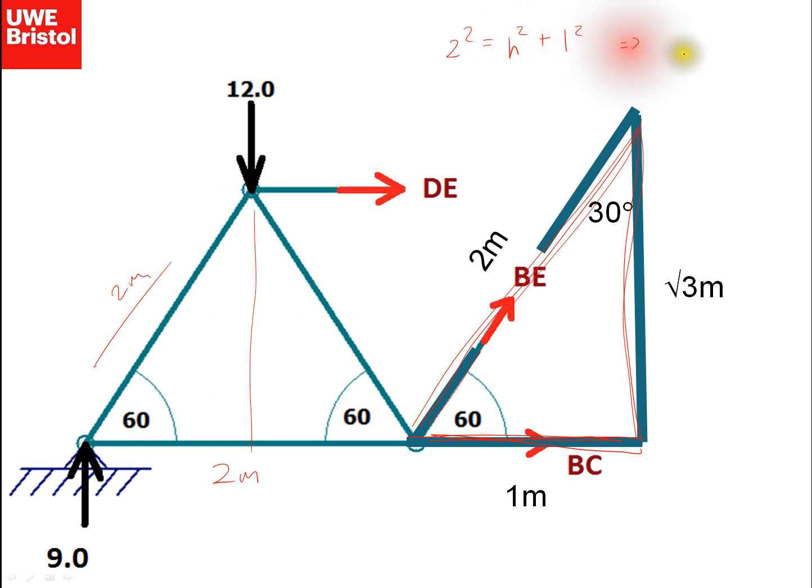So therefore the height equals the square root of 4 take away 1. So the height is going to be square root 3 meters. So I've worked that out. That's 60 degrees to swing through to go to the horizontal. To swing through to go from this diagonal to the vertical is going to be 30 degrees. We're swinging half of 60.